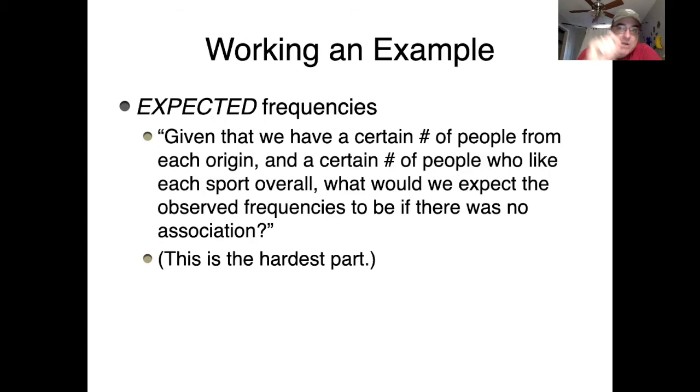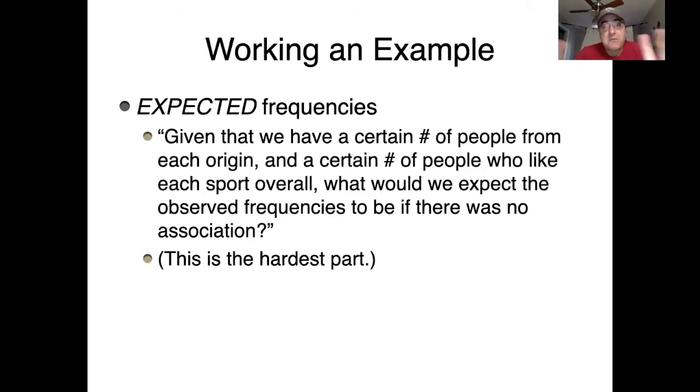For that category, that's known as the expected frequency. It is given that we have a certain number of people from each origin, from the raw data, and that we have a certain number of people who like each sport overall, again, something we got from the raw data, what would we expect the observed frequencies in each box to be if there was absolutely no association whatsoever between where you're from and what sport you like?